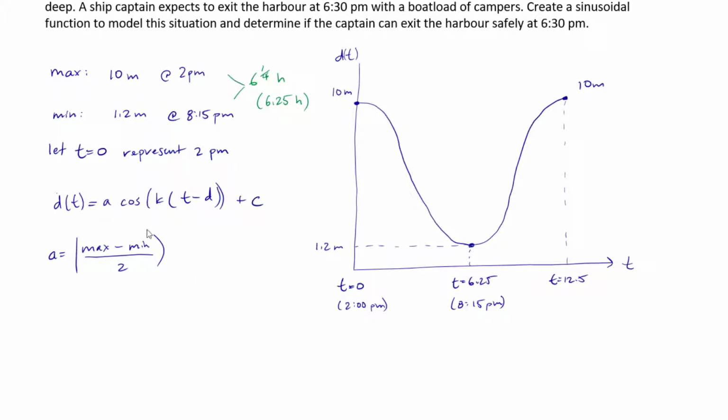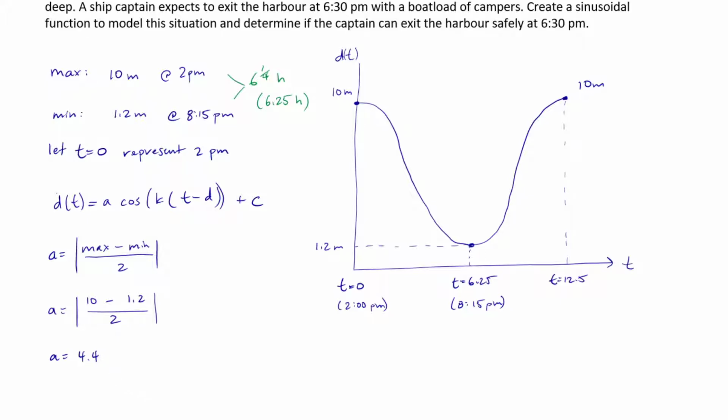Okay, so then A is equal to 10 minus 1.2, all divided by 2, and that equals 4.4. Okay, so A is equal to 4.4.